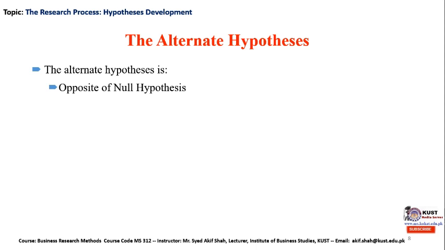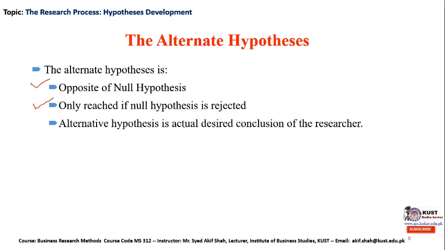And ultimately, the researcher's motto is to go with the alternative hypothesis to conclude the finding that the alternate does exist. So basically, the alternative hypothesis is the opposite of the null hypothesis. It can only be reached if the null hypothesis is rejected, which will be discussed shortly with the help of an example.